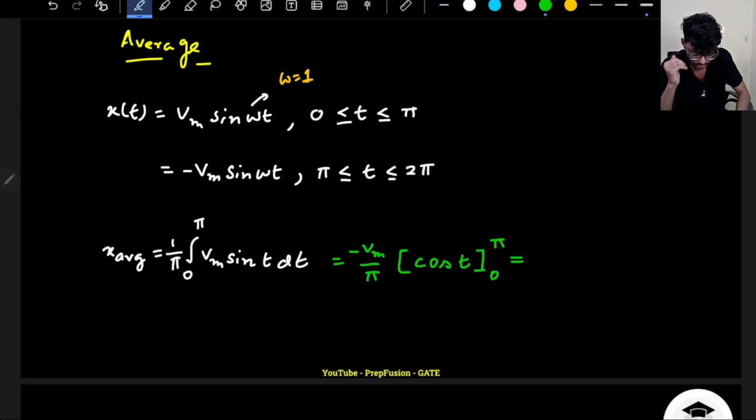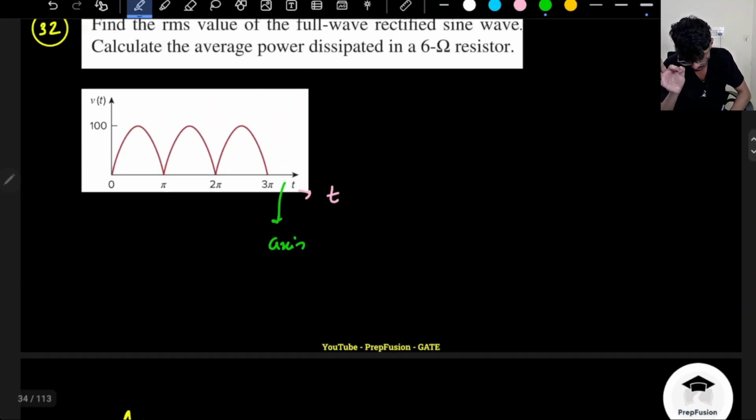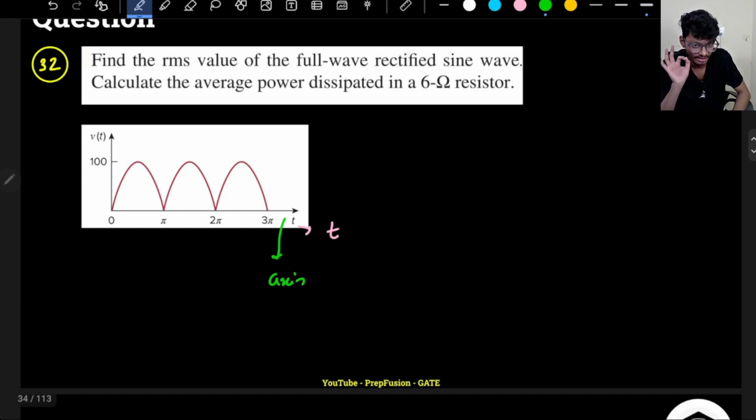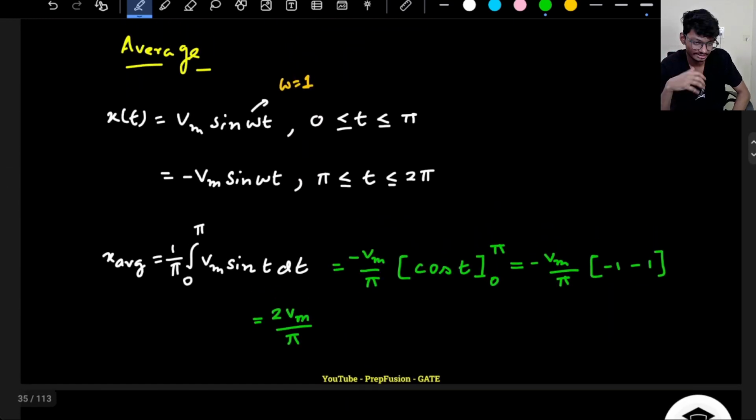So this will be minus Vm divided by pi, cos of pi is minus 1, minus of 1. So ultimately this will come out to be 2 Vm by pi. The value will be 2 Vm by pi. Not the answer, sorry, this will be the average value. So what you have to remember is like this. If you remember, it's good, because this will be used in multiple cases. For a rectified sine wave, the average value is 2 Vm by pi.